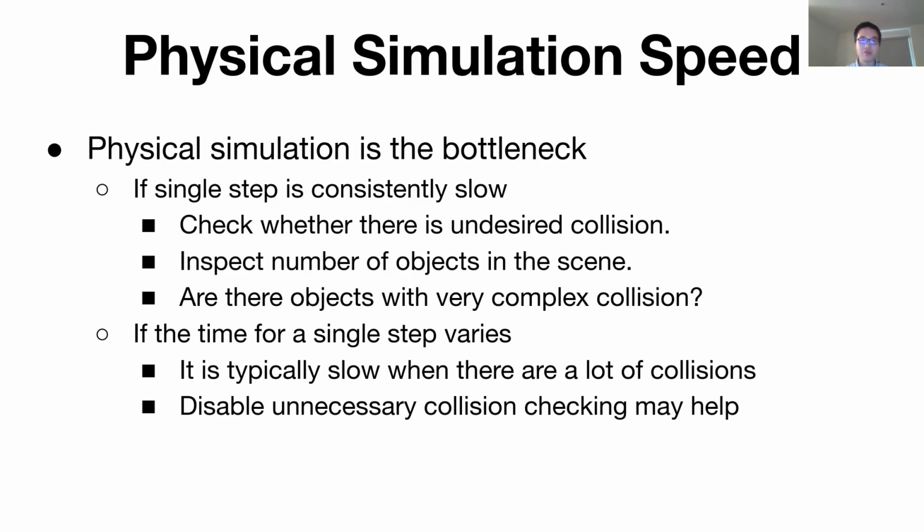For example, we've mentioned in the previous case where the robot has some self-collision in its initial state that we do not want. And those kinds of self-collision will make the simulation a lot slower. And next, we should also inspect the number of objects in the scene. If there are many objects, the simulation will also be naturally slower.